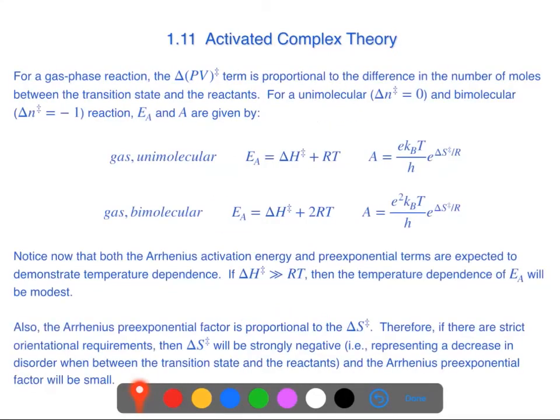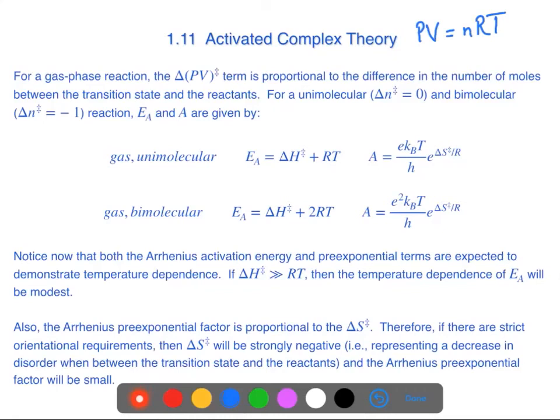So for a gas phase reaction, the pressure volume term is proportional to the difference in the number of moles between the transition state and the reactants. And this will depend on whether the reaction is unimolecular or bimolecular. So recall that the product of pressure and volume is equal to nRT. And so we're going to focus on what delta n is for each of these two scenarios.